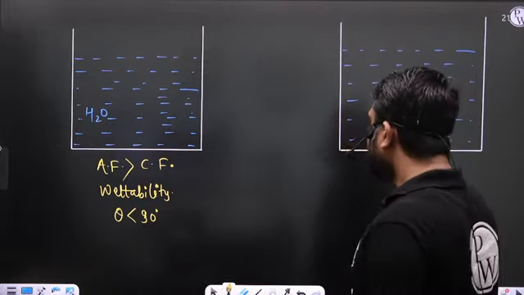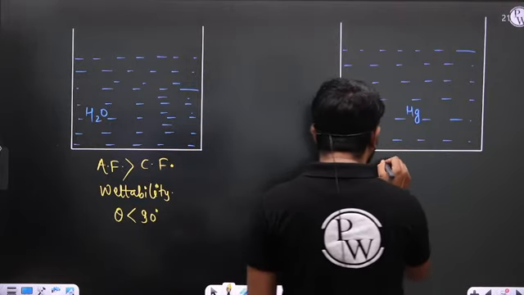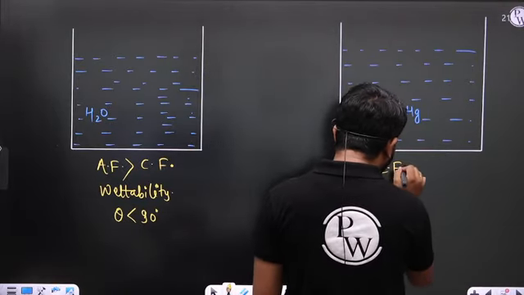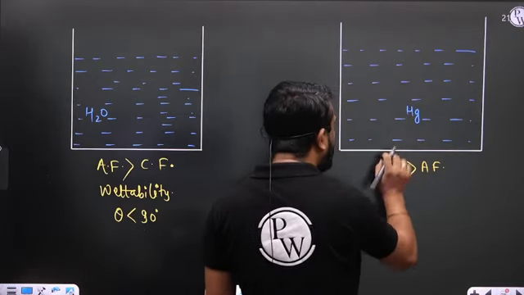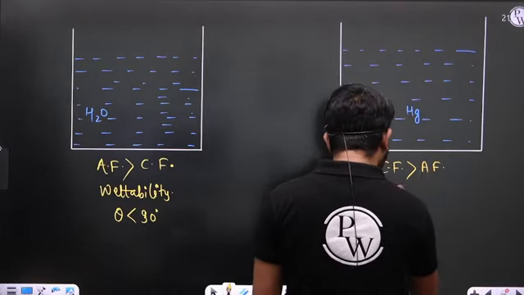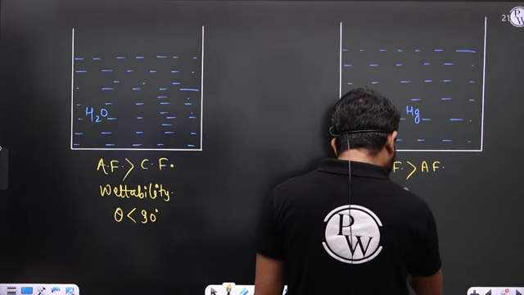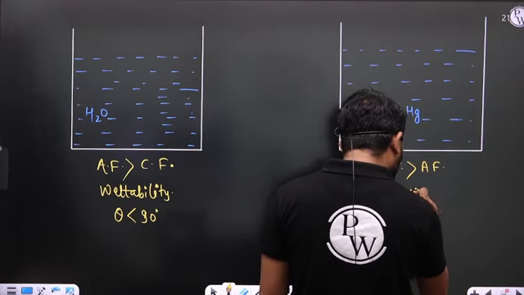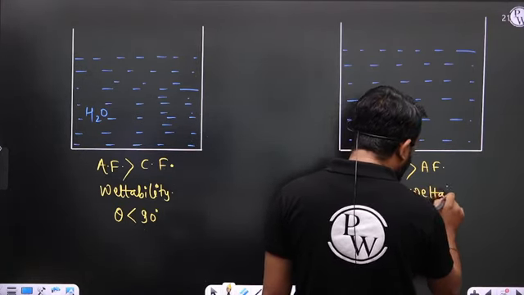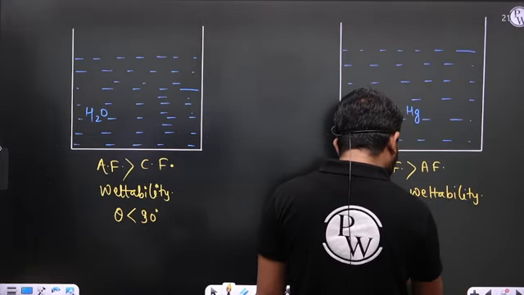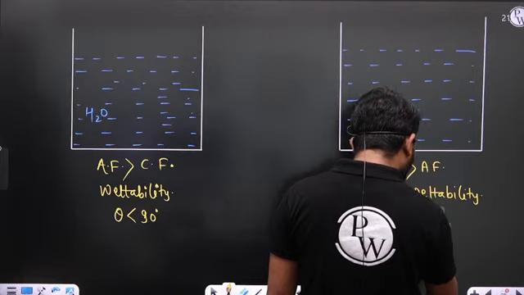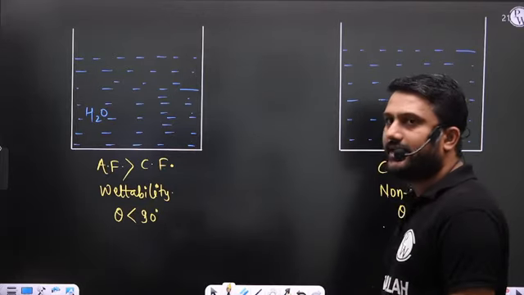Now come to mercury. In case of mercury, the cohesive force is greater than the adhesive force. Mercury has the non-wettability property, and theta is greater than 90 degrees.